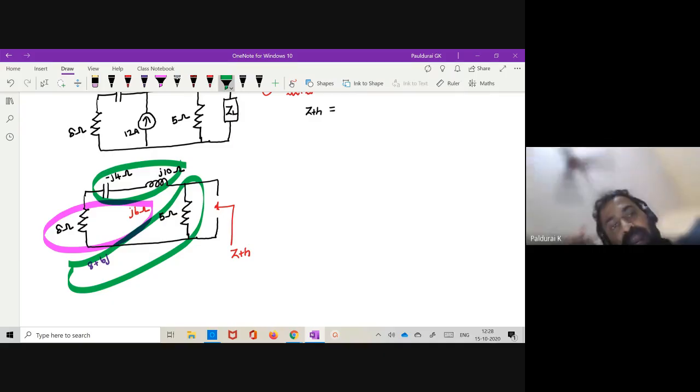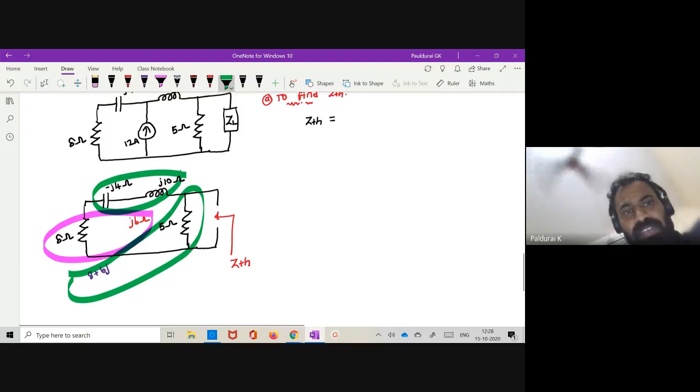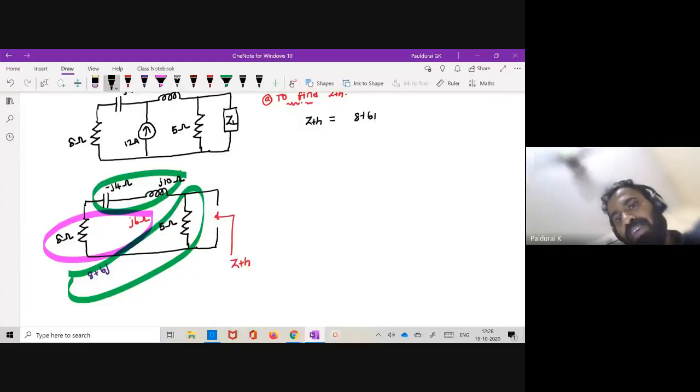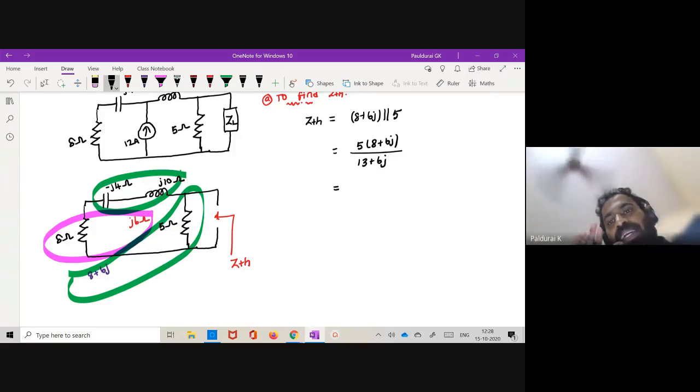Parallel, sir. Parallel, not series. So what is the equation? Straight away I can write 8 plus 6J parallel with 5, so R1 times R2 divided by R1 plus R2. Very simple, right?